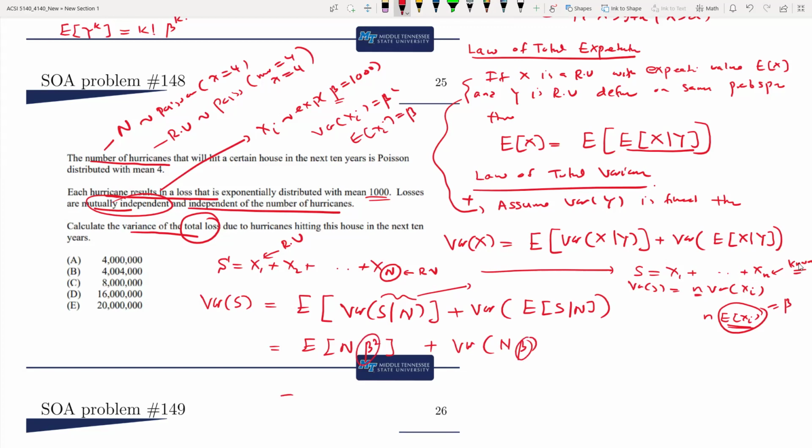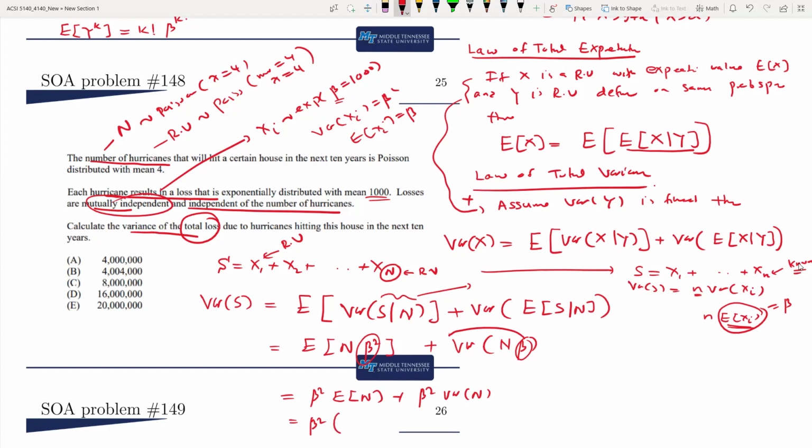Now this is a constant, so you can take it out. So beta squared times the expected value of n. Then here, when you take this out, since the variance becomes beta squared, the variance of n. n is Poisson distributed, the number of hurricanes.